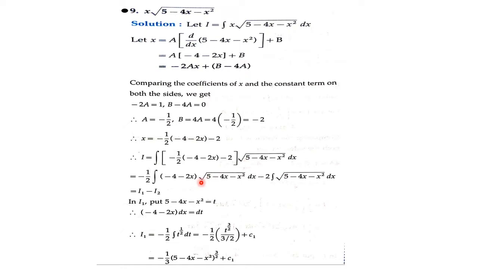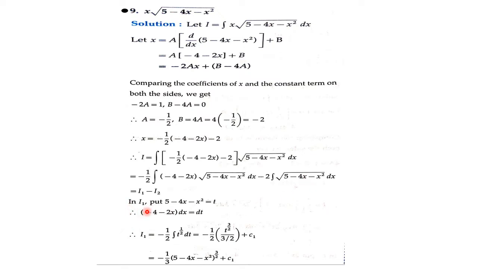Try to understand this one. So again do separation. If we separate the terms as integrals I1 and I2, then it will become easy to solve it. So for that purpose, the first integral is considered as I1 and the second integral is considered as I2.